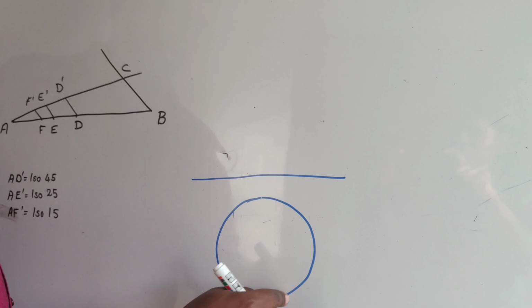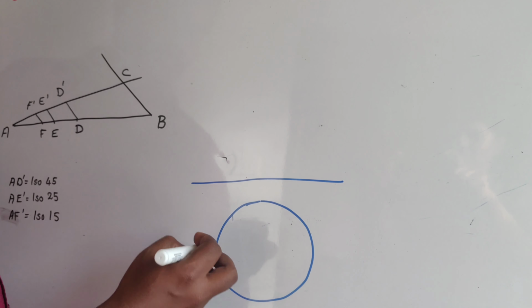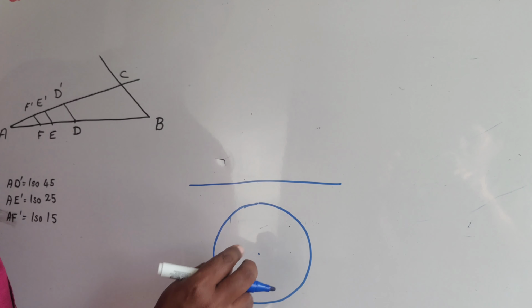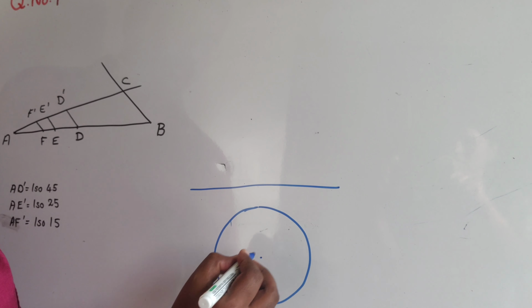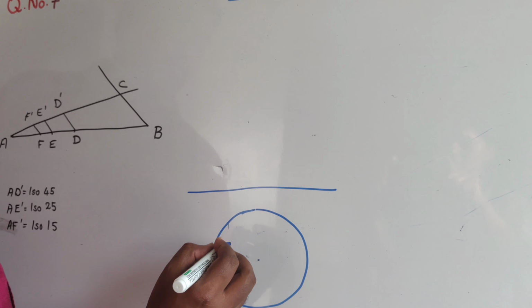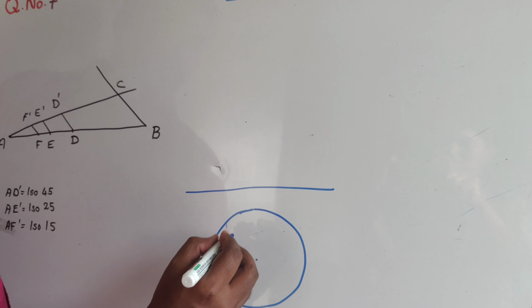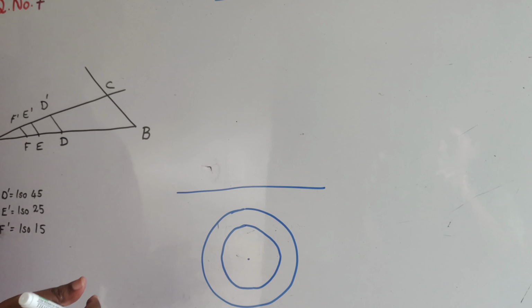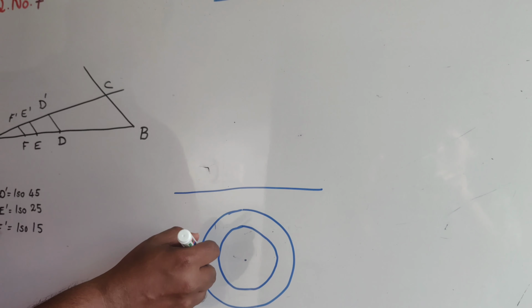That is the bottom base. Now you will have a concentric circle of diameter 30, that means radius 15, which is the top base of the frustum.